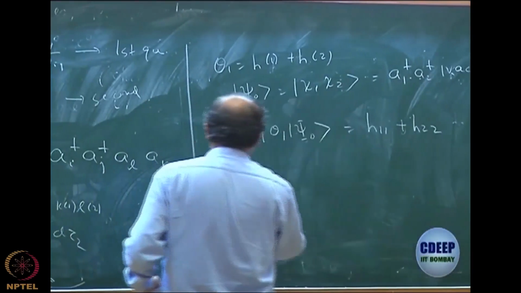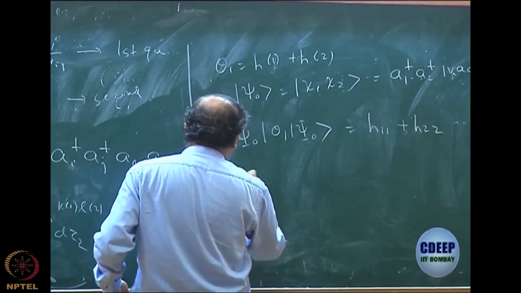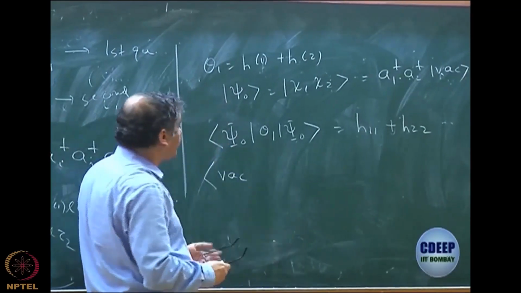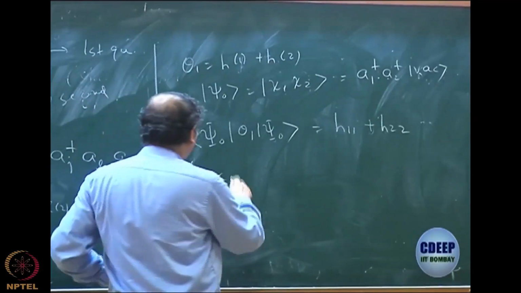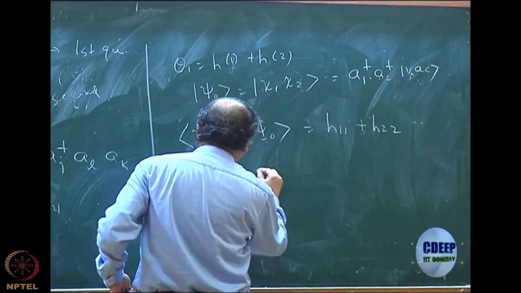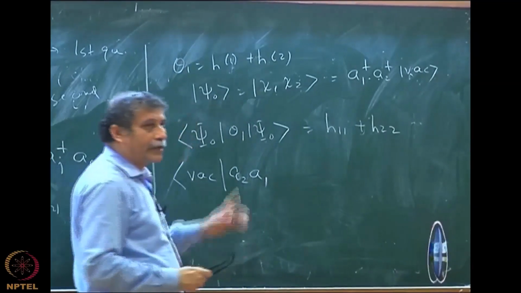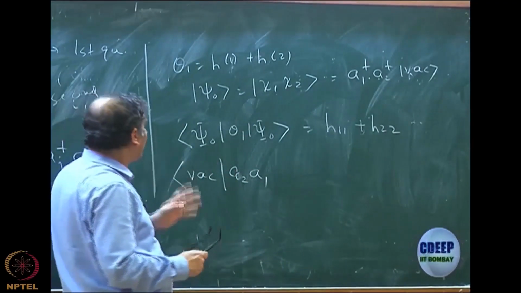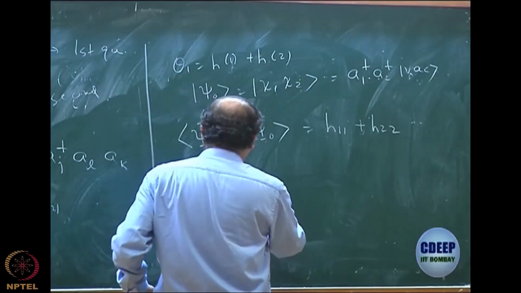So, now let us apply the second quantization to show this. What do you have to do? You have to write this as a vacuum. First, you write the left psi naught vector. So, it is vacuum a2 a1. This is a specific index, remember. a2 a1 is a specific index 1 and 2, which are actually present there, and then you have to write theta 1.